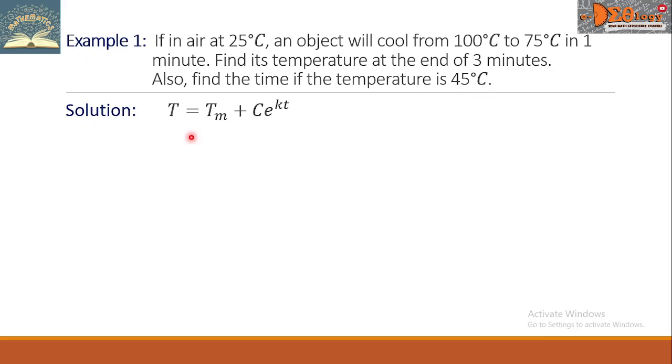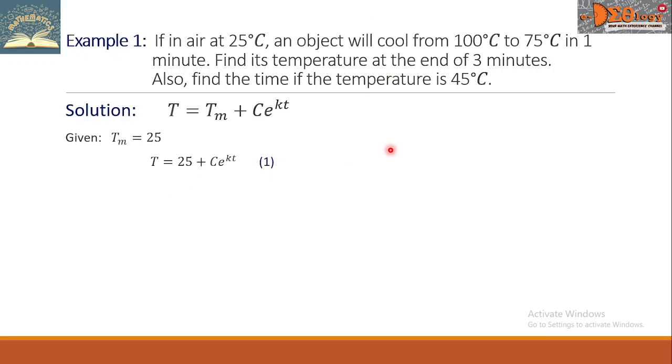Our formula for Newton's law of cooling is here. In our problem, one given here is that T sub m equals 25, that is, 25 degrees Celsius. Let us substitute this value in our formula for Newton's law, so it becomes like this, and we consider this to be equation 1.